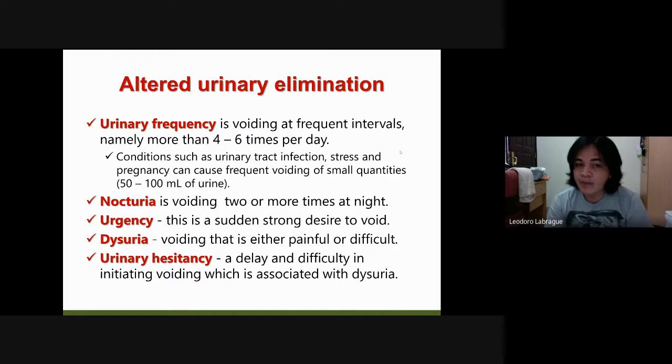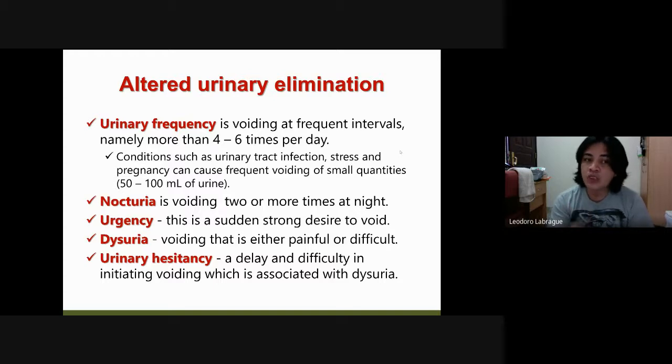However, if the patient urinates 4 to 6 times per day, that is abnormal already because that's a lot, that's frequent. We call it urinary frequency. Some patients might even go to the washroom more than 6 times, maybe every 2 hours or every 3 hours. We call it urinary frequency, and that is abnormal.